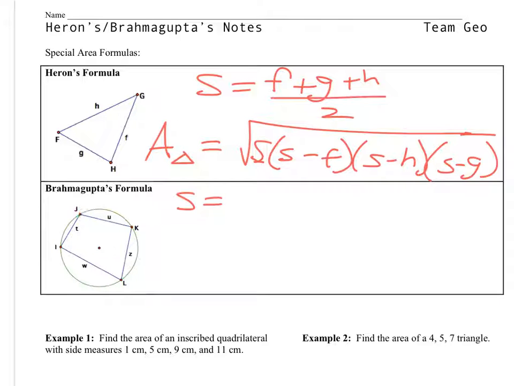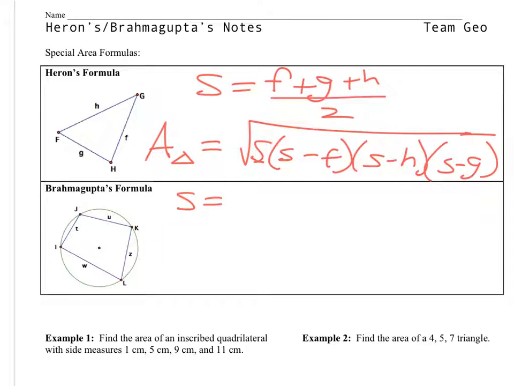So here you got the quadrilateral, and it's inscribed in a circle, meaning every one of the quadrilateral's vertices is on the circle. So Brahmagupta's formula only works for these types of quadrilaterals that are inscribed in a circle. And what we want to do is find the area of them.